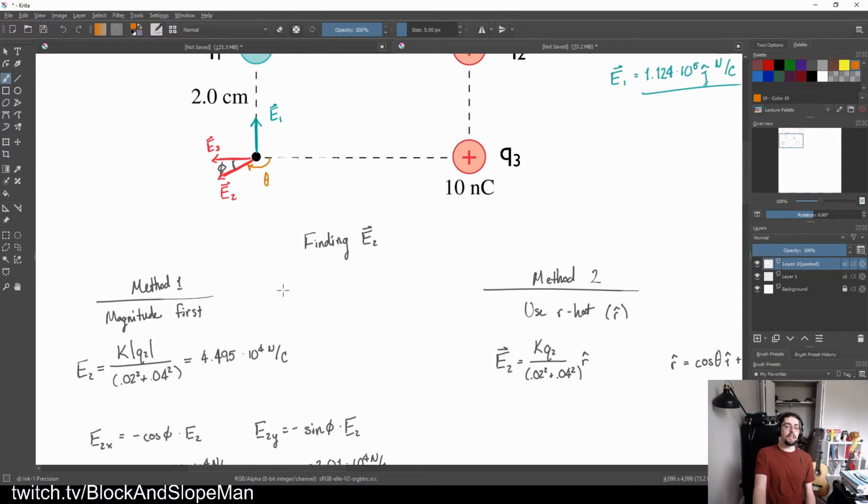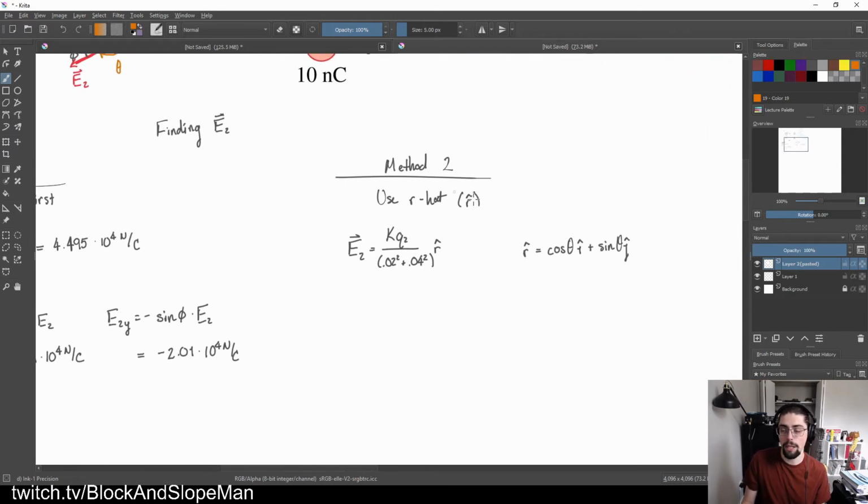And then probably the easiest way to find this one right now is to know what phi is beforehand. So we can just say, remember that it's going to be a negative because we went clockwise. It is going to be a negative value, so theta is going to be negative 180 plus phi.